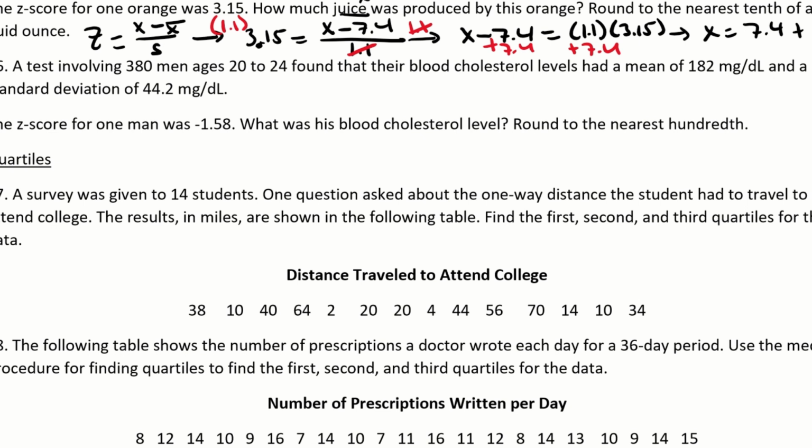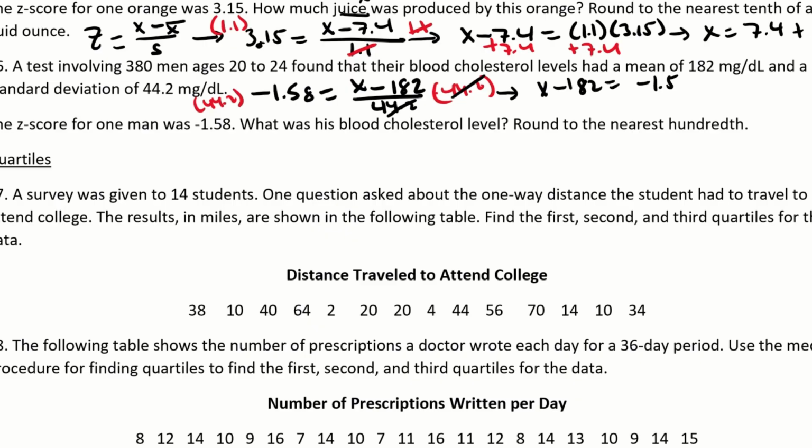Again, same deal. The z-score equals value minus mean over standard deviation. I'm going to show our work: times 44.2 on both sides. Basically these cancel, so x minus 182 equals negative 1.58 times 44.2.